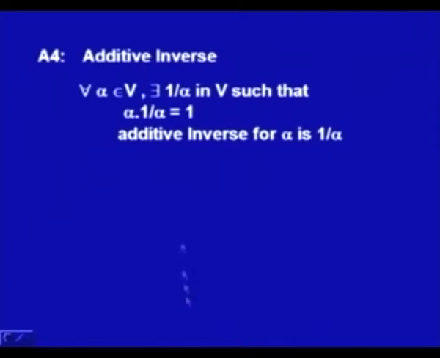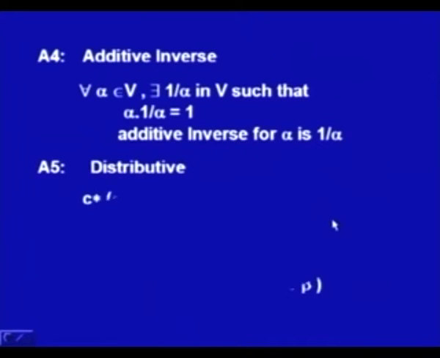Additive inverse: if I have alpha belonging to V, then there exists 1 by alpha in V such that when they are multiplied together, what I have is the additive identity, which in this case is 1. So, alpha multiplied by 1 by alpha is equal to 1. We can say the additive inverse of alpha is nothing but 1 by alpha. That is how we define the additive inverse.